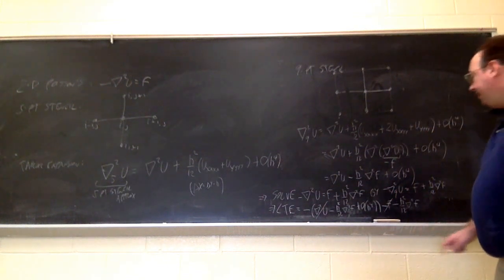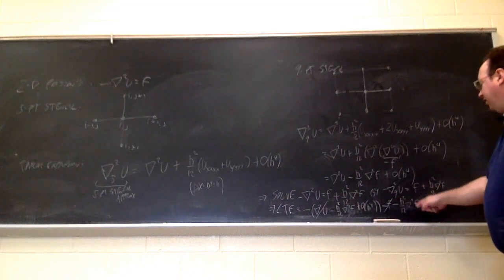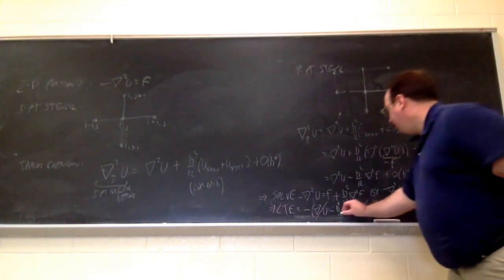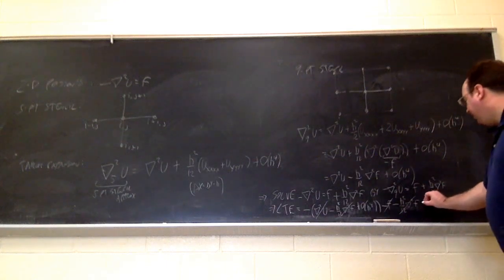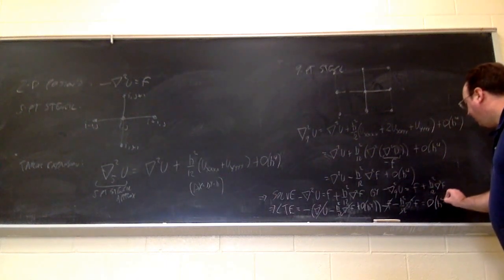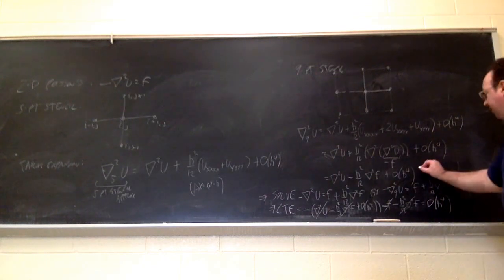And then I have plus h squared over 12 Laplacian of f, and minus h squared over 12 Laplacian of f. So those cancel out too. Okay, and what's left is order h to the fourth. So this is the same thing you observed in problem 2C of homework 1. When you do this deferred correction, that's what this is.